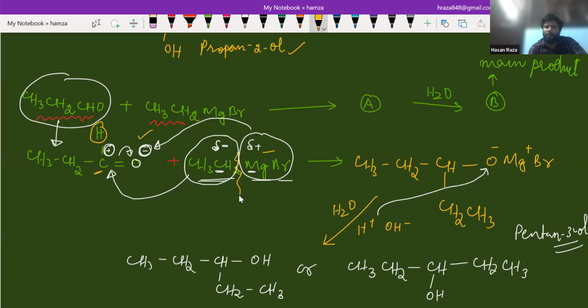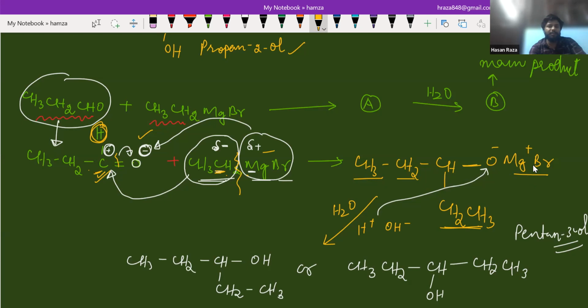So just break this bond and this bond and add this carbon to this. So I just wrote CH3CH2, and this CH and this carbon will be bonded with CH2CH3. That's all. And there was a double bond, so one of the bonds will be broken, another will be left there with oxygen.